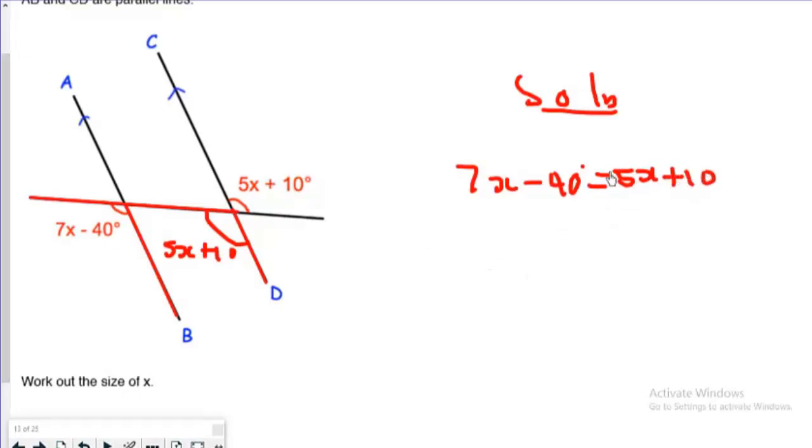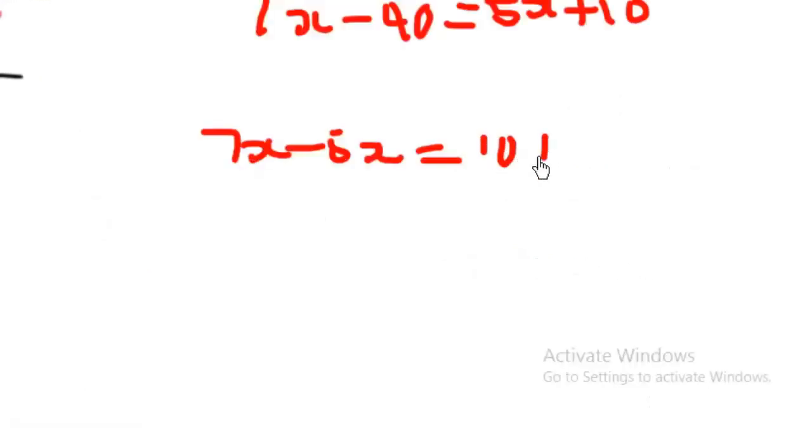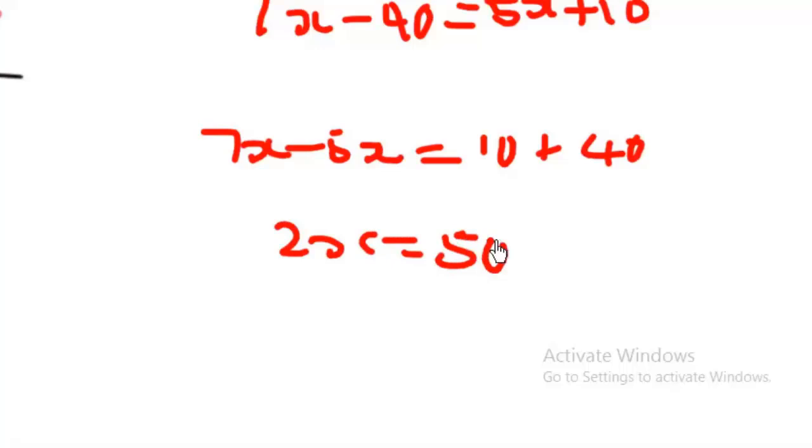Grouping like terms, we have 7x minus 5x equal to 10 plus 40. So 2x will be equal to 50. Then x will be equal to 25 degrees. Good.